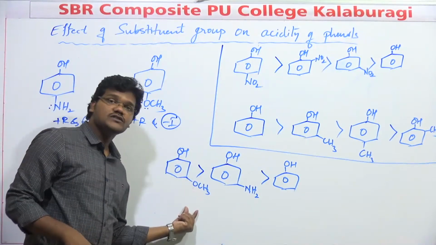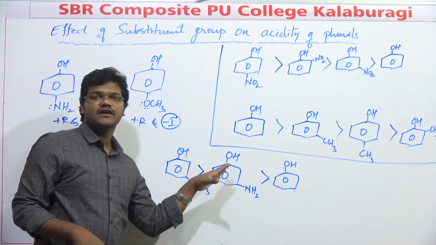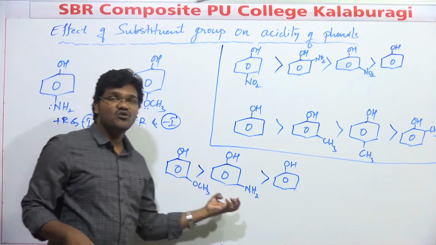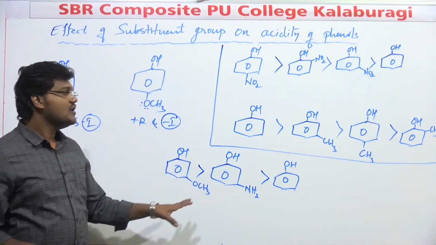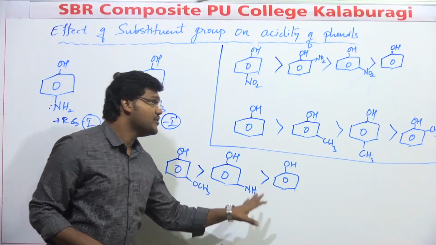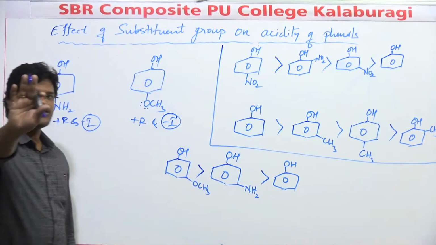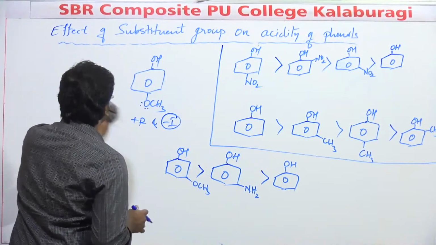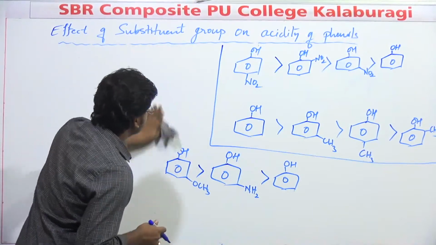Among these two, OCH3 is a strong withdrawing group. That is why meta-methoxyphenol is even stronger acid compared to meta-aminophenol. One more thing, the last point you remember, I need to talk about halophenols too.